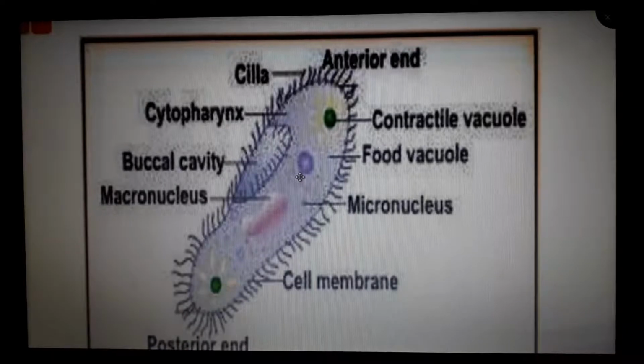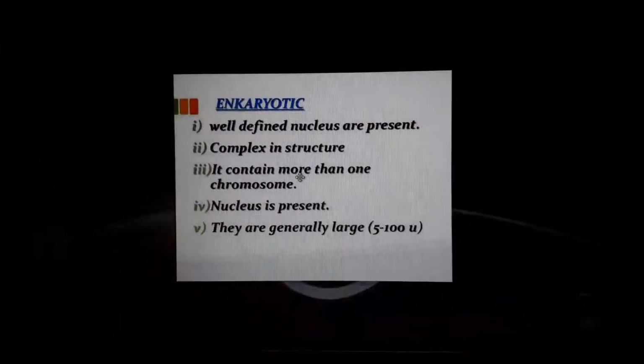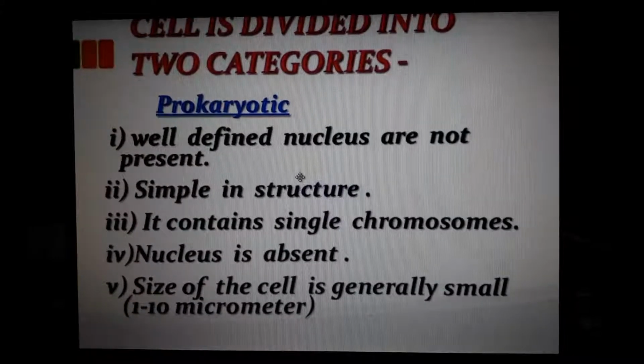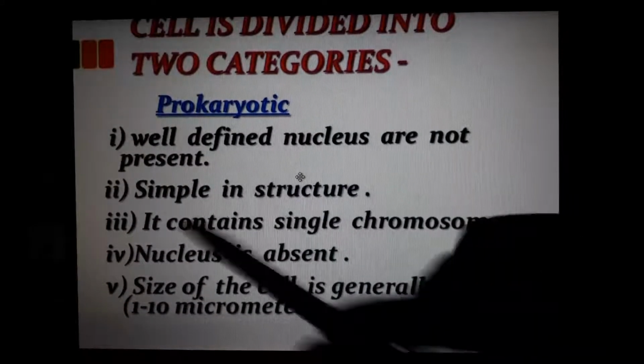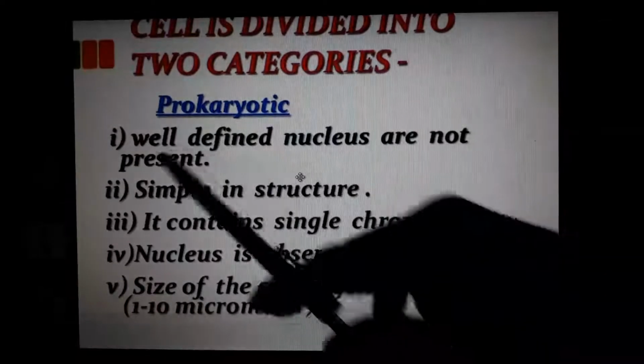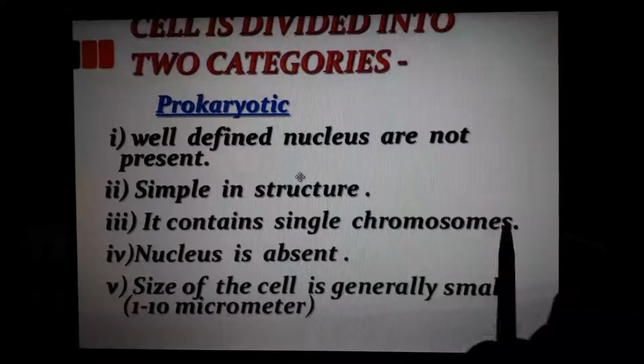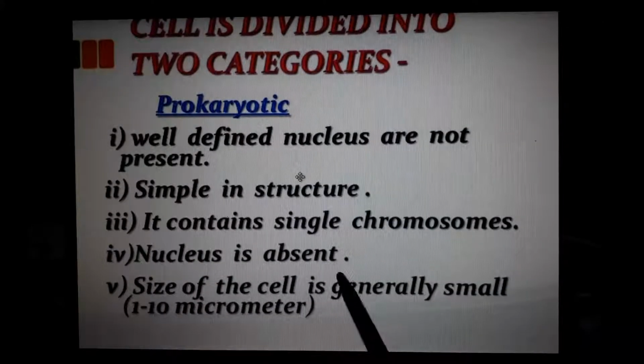Such a nucleus is called what? Prokaryotic cells. Understand? Well-defined nucleus is not present in prokaryotic cells. The nucleus is not complex, it's very simple in structure. It contains a single chromosome. Nucleus is absent.